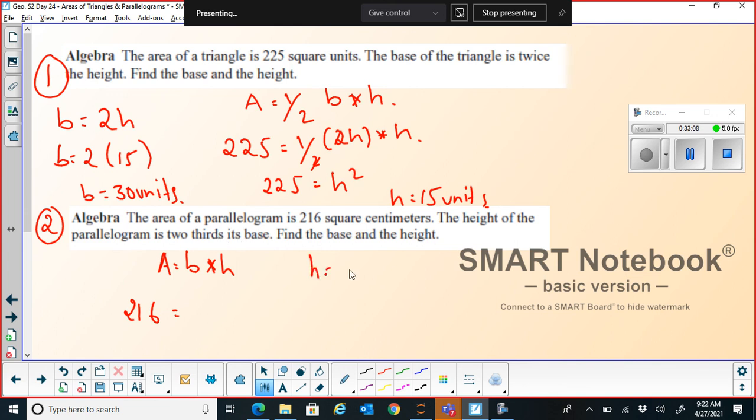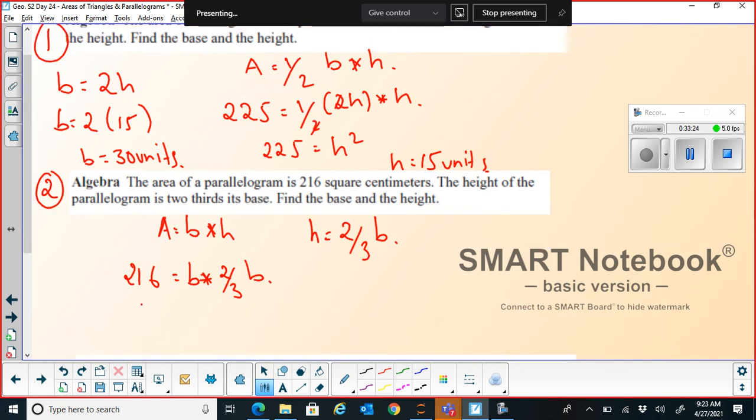Let's substitute that in this. So h is 2/3 of b. Further simplifying, I'll have 216 equals 2/3 of b square.